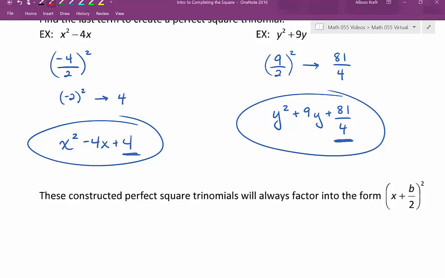We could easily find two numbers that multiply together to give us 4 and add together to give us negative 4. But if we look at our other example, y squared plus 9y plus 81 over 4, that one's going to be much more difficult to factor. So you really want to remember that these perfect square trinomials always factor into the form x plus b divided by 2 quantity squared.